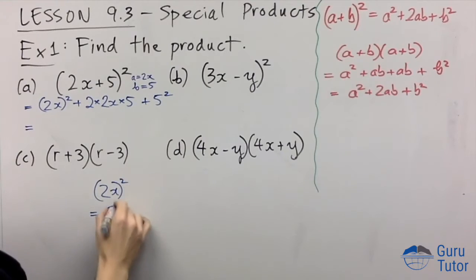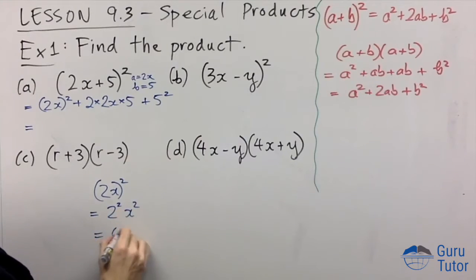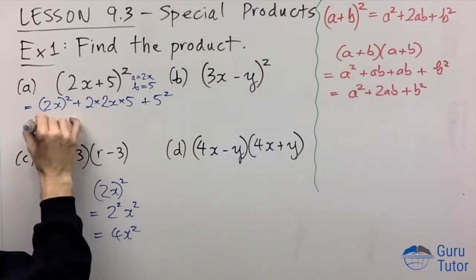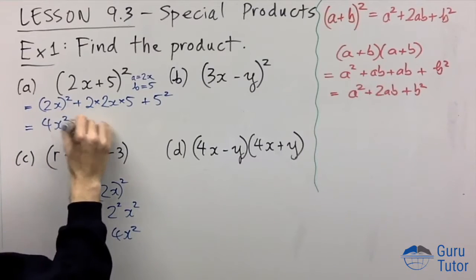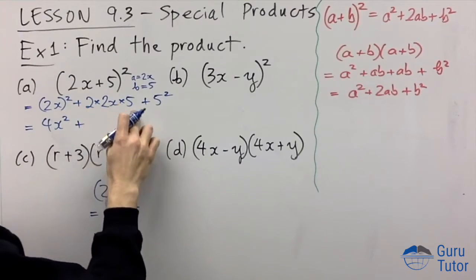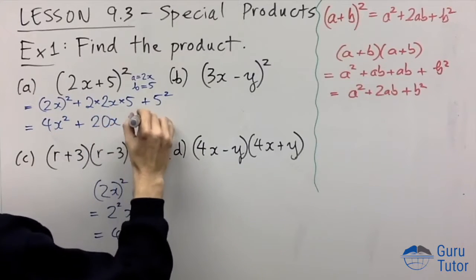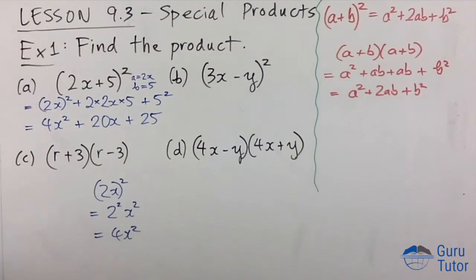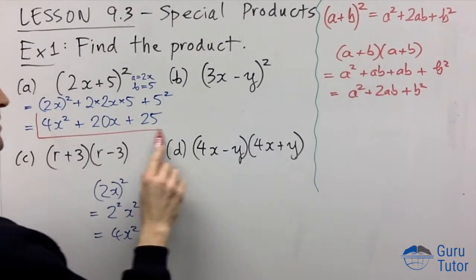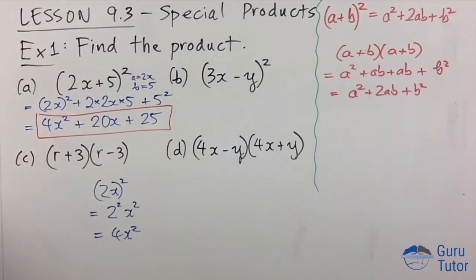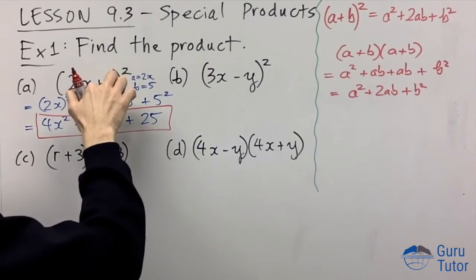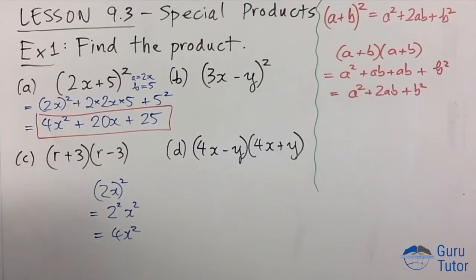Using our exponent rule, that's 2 squared times x squared, which is 4x squared. 4x squared plus 2 times 2x times 5. 2 times 2 is 4, times 5 is 20x plus 25, and that is the answer. If you did FOIL, that's what you should have gotten. But when you get good at this, you can just go from here, bang, to there, and you'll get used to doing it. So that is actually the first one.